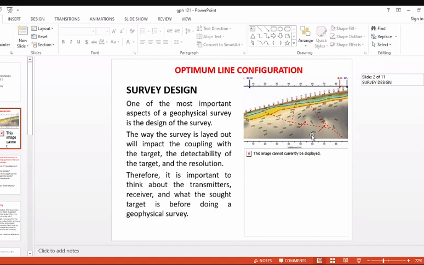Let's say you want to start your data acquisition on Saturday; today or tomorrow, you do a reconnaissance survey in order to familiarize yourself with the area. So before geophysical data collection, a reconnaissance survey usually precedes such an exercise.